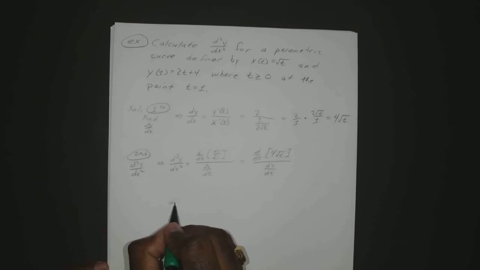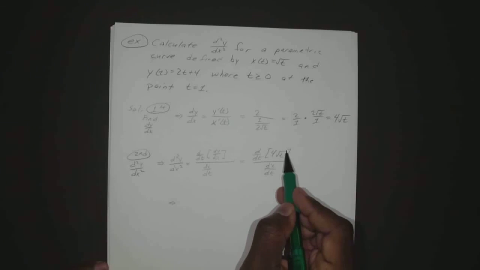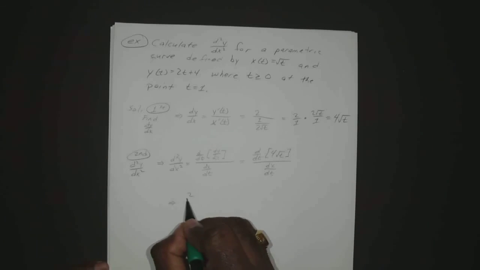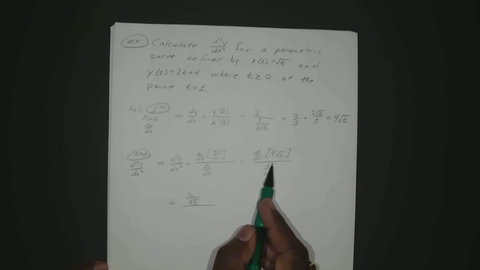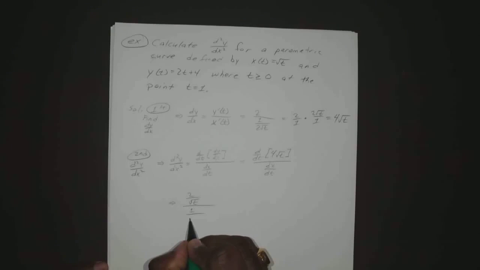Okay, so the derivative of 4 square root of t would be 2 over square root of t, divided by dx/dt, which is 1 over 2 square root of t.